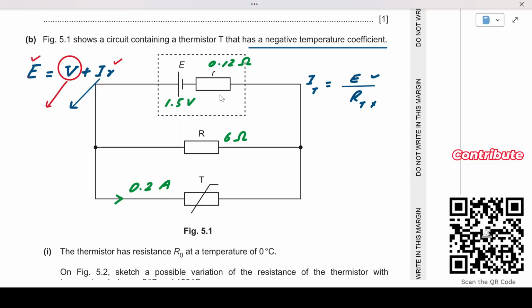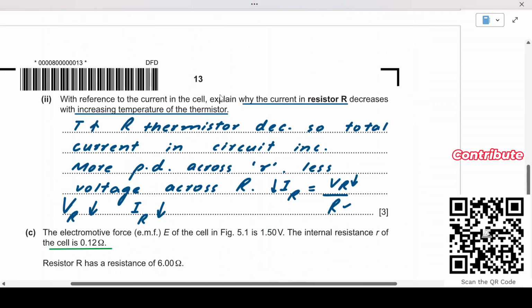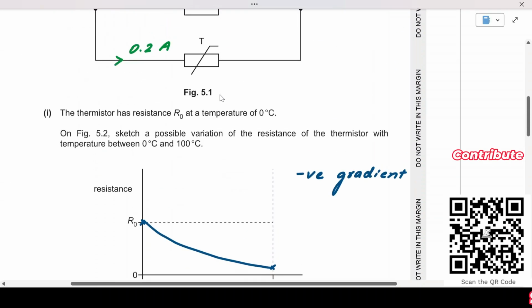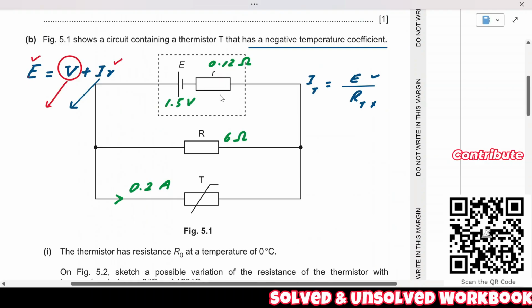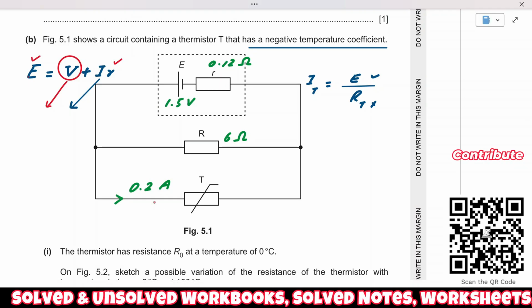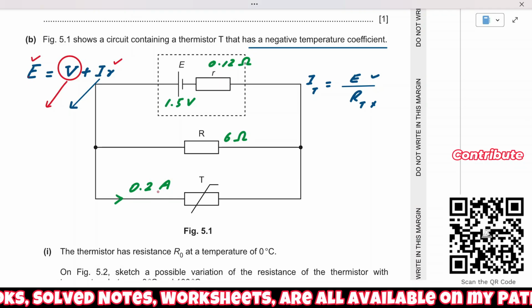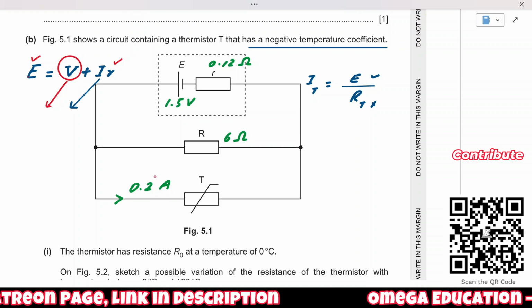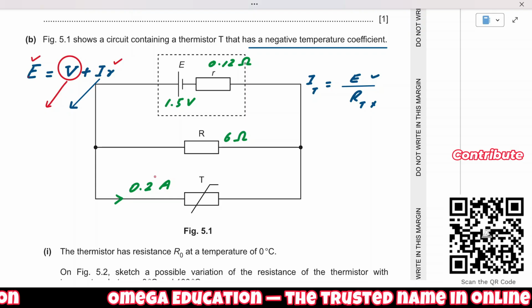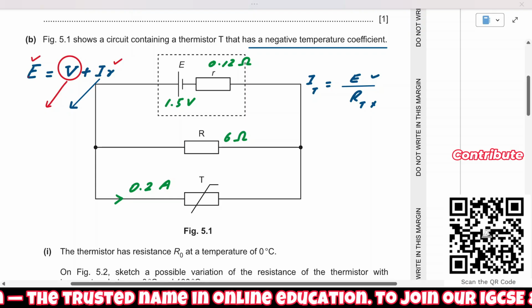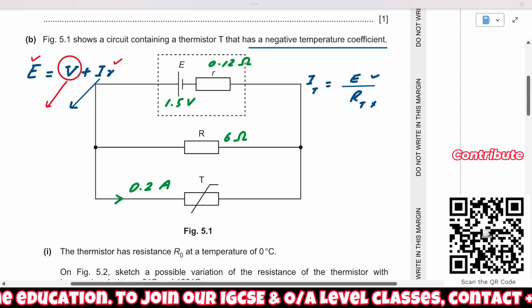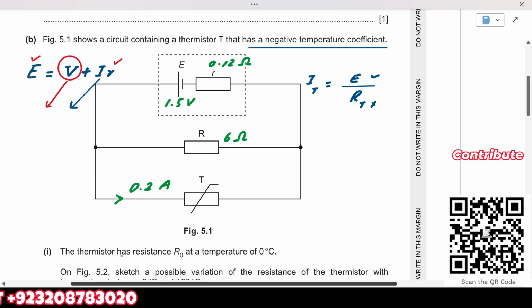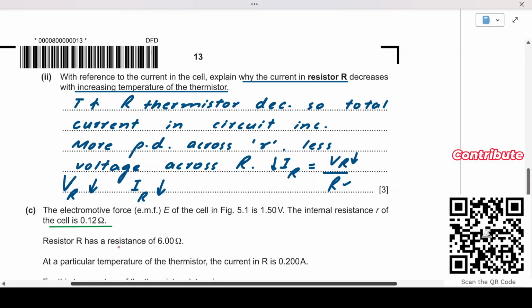what we can do is, the other one has resistance 0.12. Okay, the current through this one is, all right. Do we have any other value?